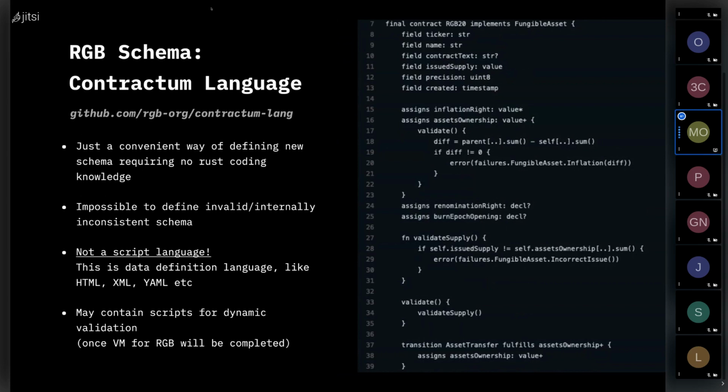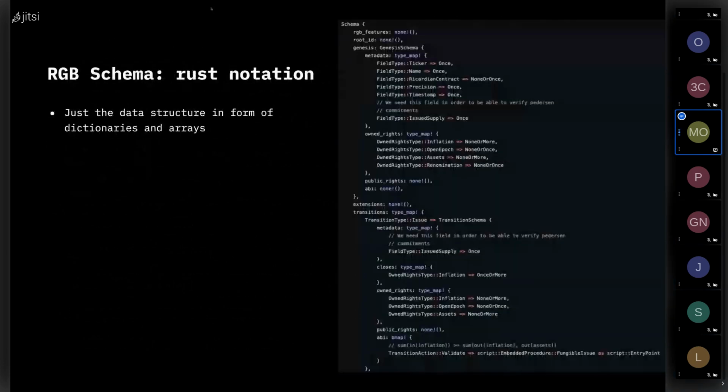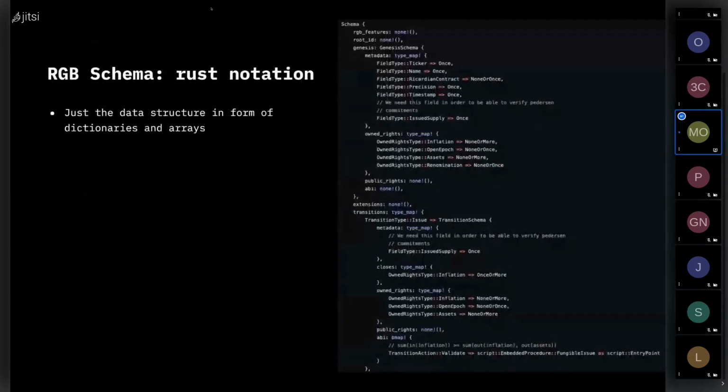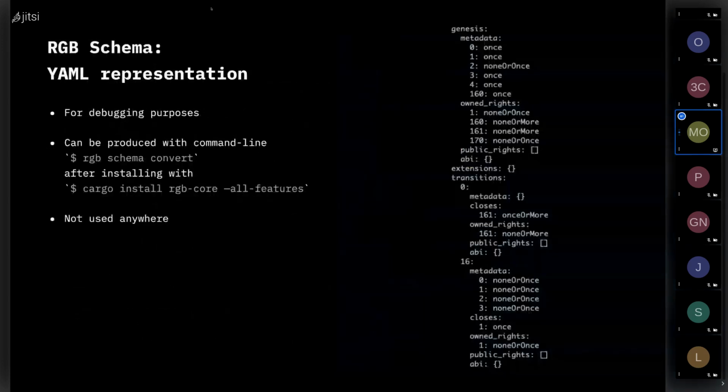The language will also be designed from the point of view that it will be impossible to define an invalid or internally inconsistent schema. You can do that with Rust code or with YAML, for instance. You can say that genesis may contain a metadata field, but you don't define the structure of that field for this specific identifier.